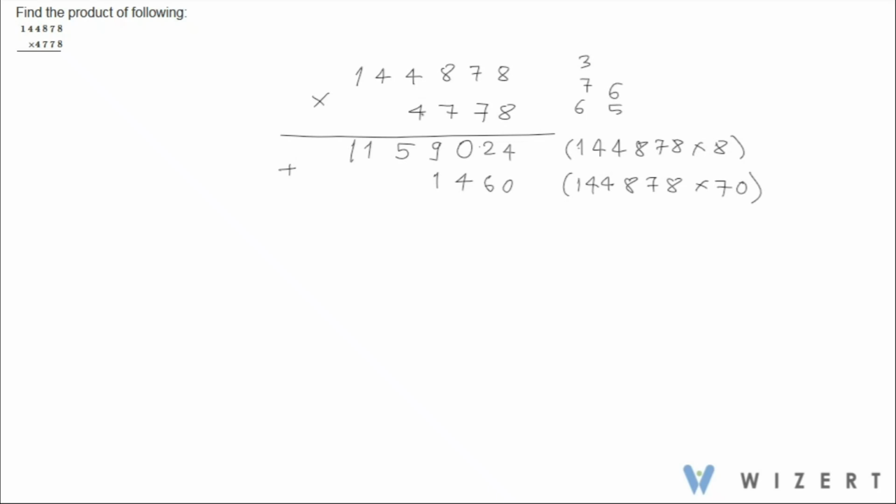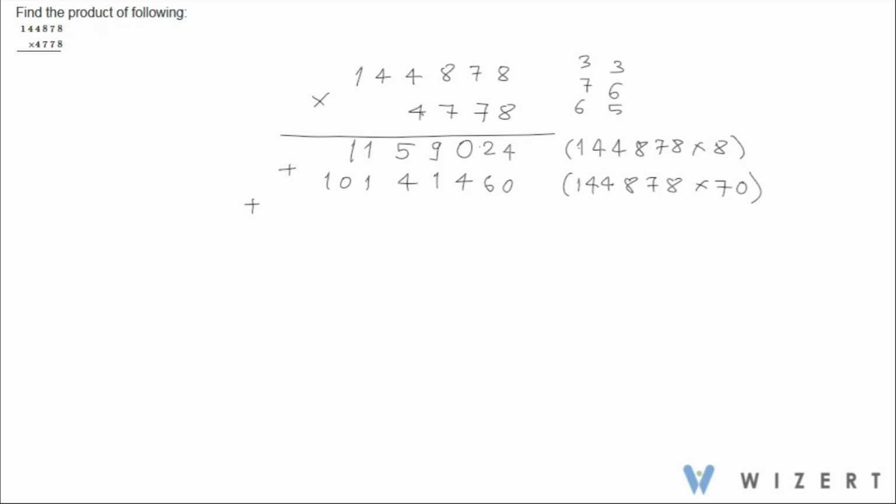7 4s are 28 plus 6 is 34. So 7 4s are 28 plus 3 is 31. Again 3 is carried. 7 1s are 7 plus 3 is 10.